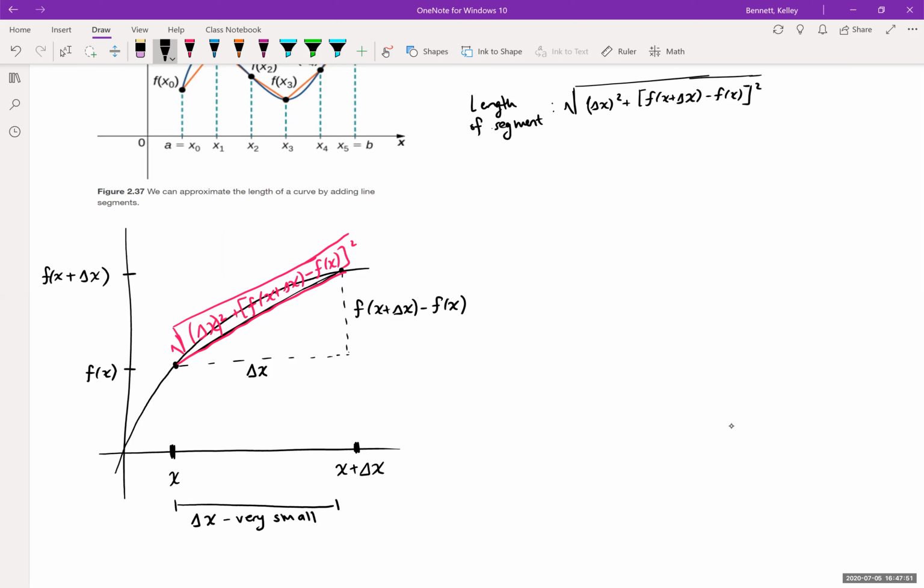All right, so the next thing I'm going to do is factor out a delta x squared. And you might be thinking, well, there's no delta x squared in the expression involving f, which is true. So if I divide by it, then I have to put it in the numerator. Check this out.